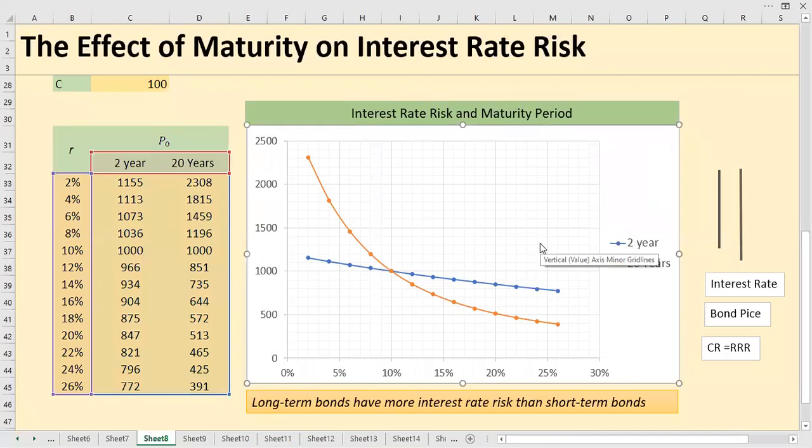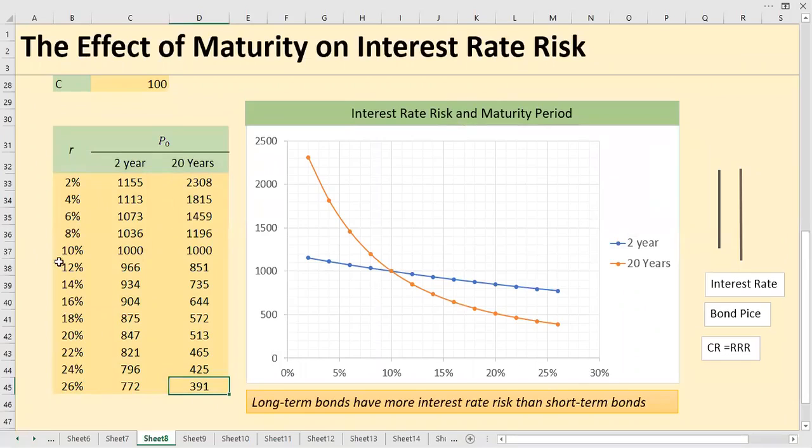Now when the required rate of return is exactly equal to the coupon rate, you can see at 10%, when the required rate of return is 10% and the coupon rate is also equal to 10% here, both bonds, whatever the maturity they have, the price is equal to the face value, 1,000.